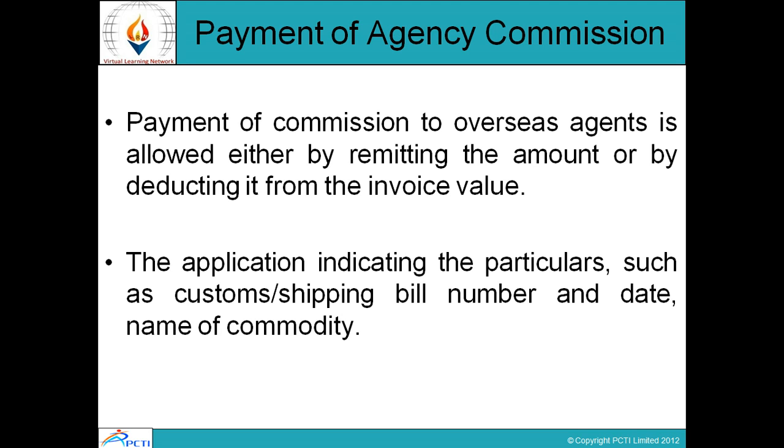The application indicating the particulars such as export code number, customs billing number, date, name of the commodity, name and address of the buyers should be submitted to the authorized dealer together with an attested copy of invoice and documentary evidence. For remitting the agent's commission, the exporter will have to purchase foreign exchange from the free market.